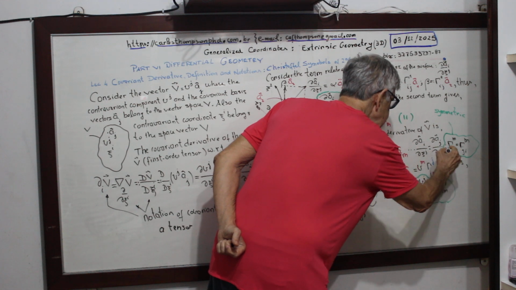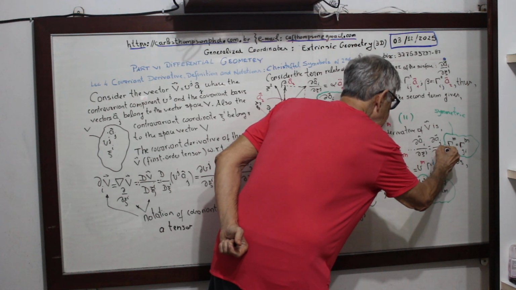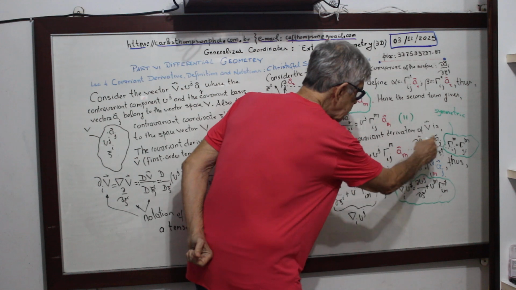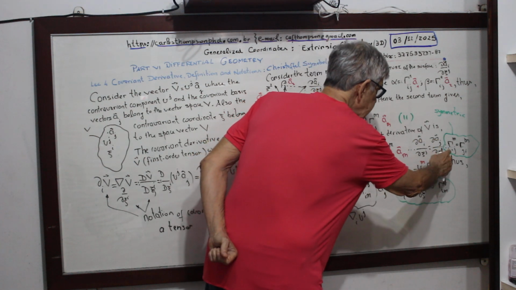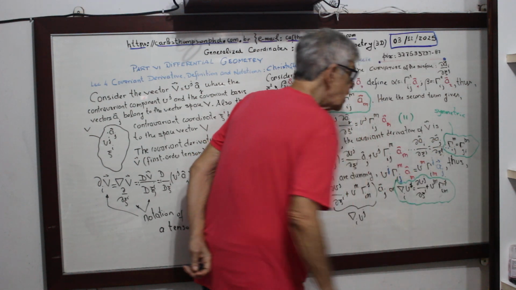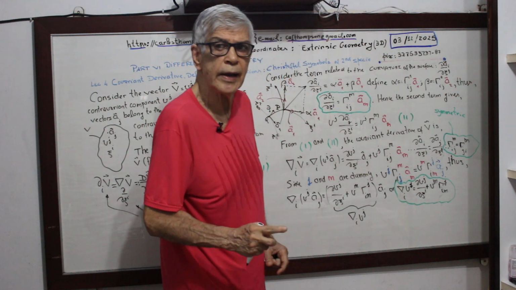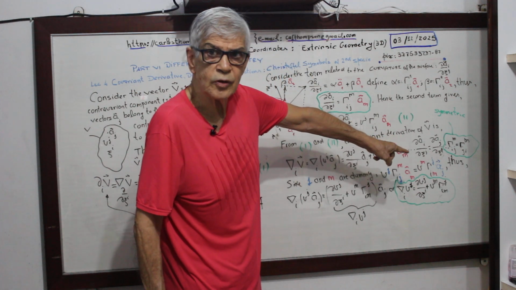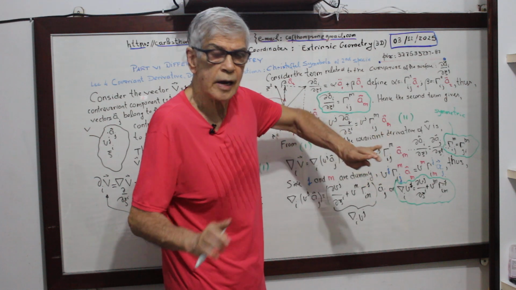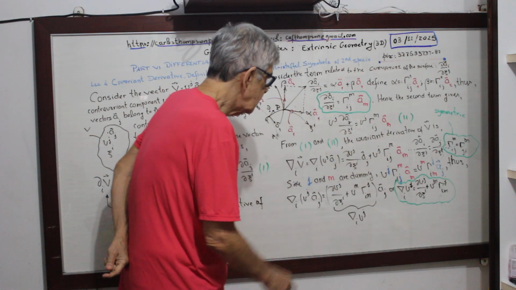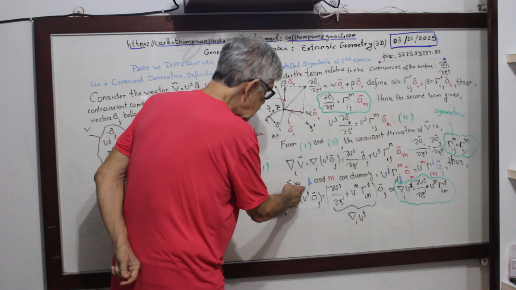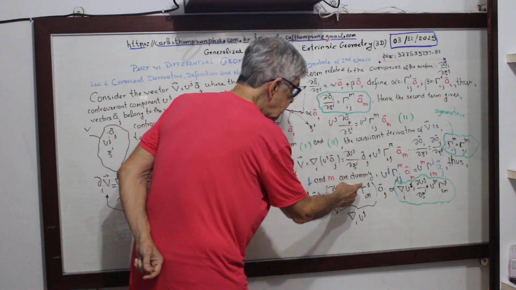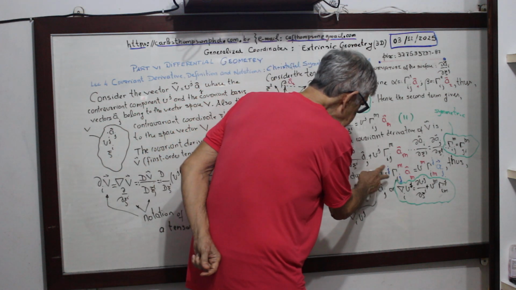I just swap, okay? So gamma ij is identical to gamma ji. You see, this is symmetric with respect to i and j only. Thus, since j and m are dummy, I can play a little bit here.